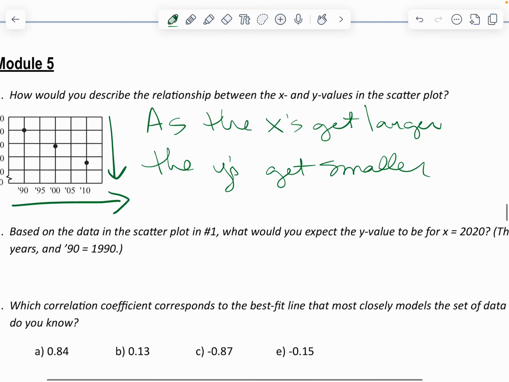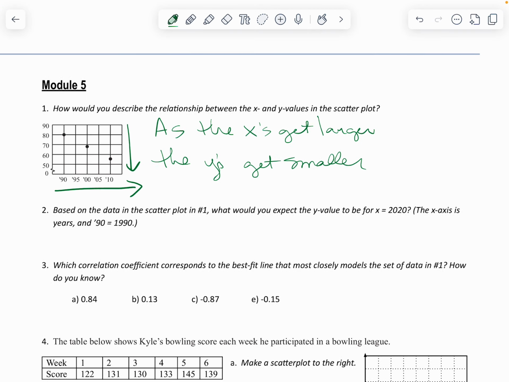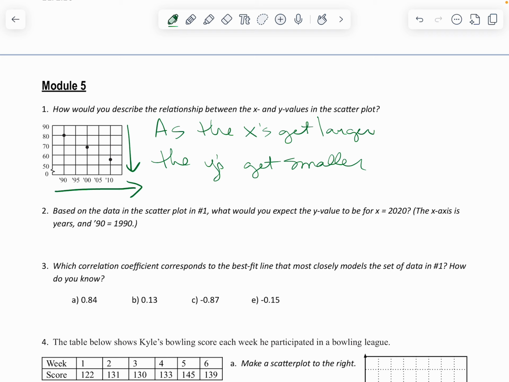Okay, so then it says, based on the data in scatter plot number 1, what would you expect the y value to be for 2020? The x-axis is in years. So this is 2015, and then we'd have 2020 over here.